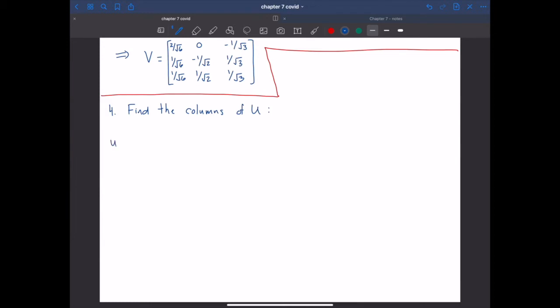Now remember, in order to do this, we have a formula that works most of the time. The formula tells me that the vector U1 is equal to 1 over sigma 1 times AV1. So it's 1 over our first singular value, which is rad 3, times the matrix A, which is [1, 1, 0; 1, 0, 1], times the vector V1 that we found: 2 over rad 6, 1 over rad 6, and 1 over rad 6.